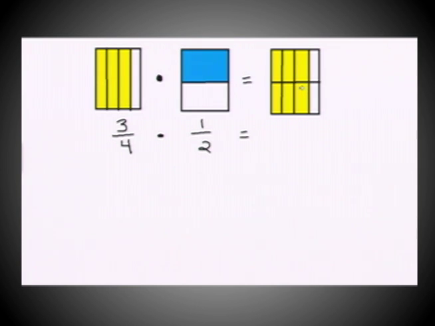So we haven't overlaid the other fraction yet, but just that part of the fraction represents 3/4 of the whole. And now I come back and I say, well, I need to be multiplying it with 1/2 of the same size whole. So that would be represented by this portion of my whole.